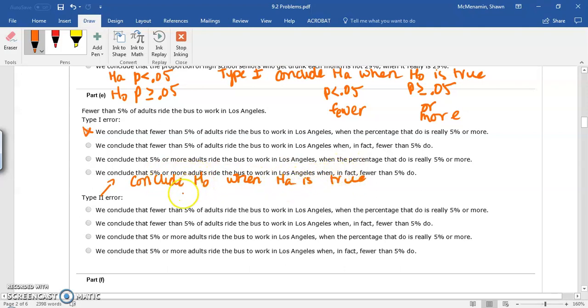So you're concluding the null. The null says that P is greater than or equal to 0.05 when in fact P is less than 0.05. So it's this one. We conclude that 5% or more, that's greater than or equal to 0.05, when in fact fewer than 5% do.